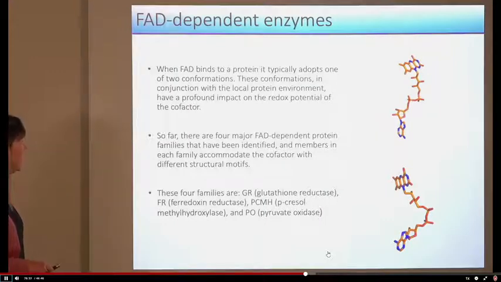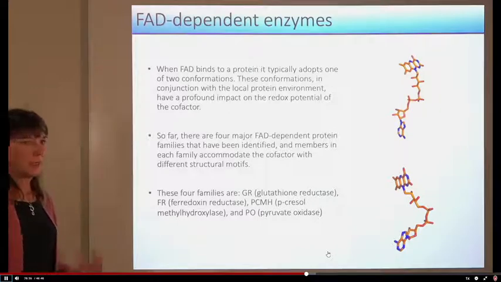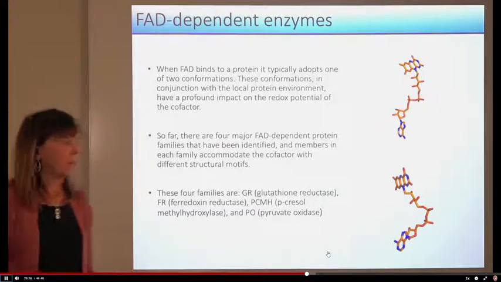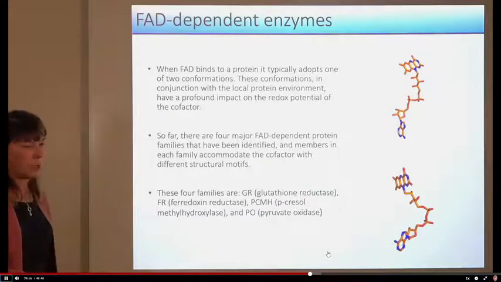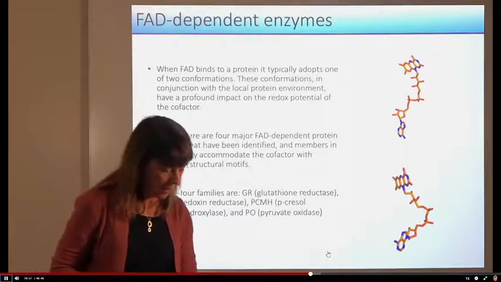And this is interesting because it's the local environment as well as these conformations that dictate the redox potential of the flavin rings. There are 4 families. They're listed right here. I used to show structures of them. I don't think that's actually important. I think what's important is you realize that these families, there's 4 that exist so far that we understand, and they will bind the flavin either in this conformation or that conformation, depending on which family member you're talking about.